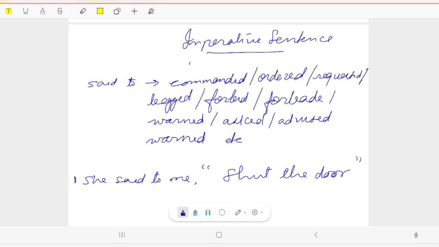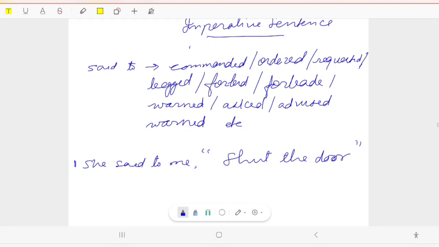Shut the door. It's a command or order. It's easy to identify whether it is an imperative sentence or not, because an imperative sentence always begins with the verb first form. In most cases the subject is left out, because the subject is understood or implied.